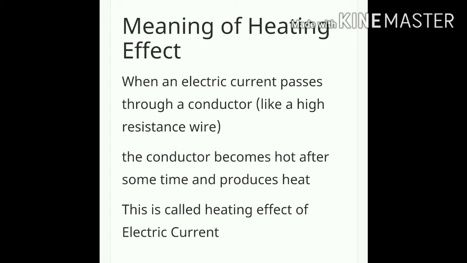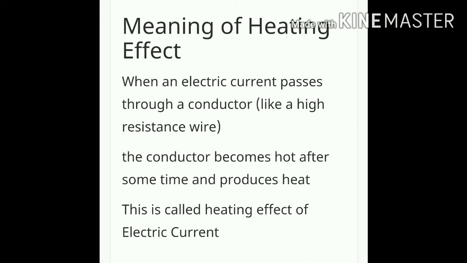Similarly, when a fan works for a certain period of time, it becomes warm when you look at it. So, heating effect of electric current is defined as when an electric current passes through a conductor, it becomes hot after some time and produces heat.